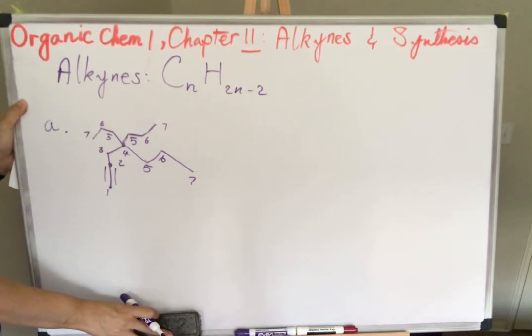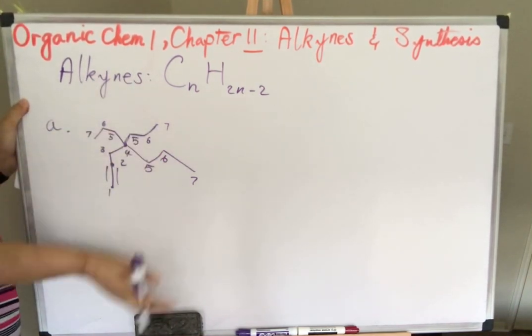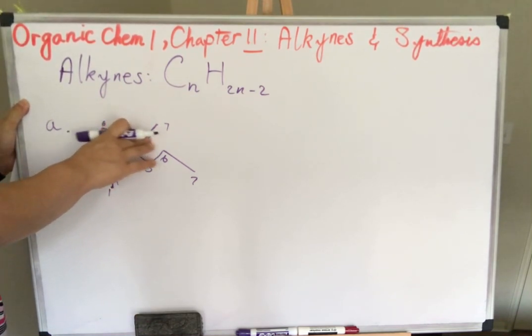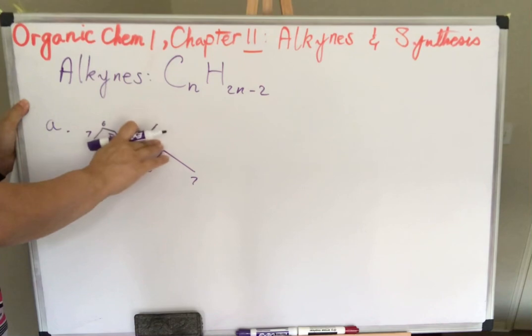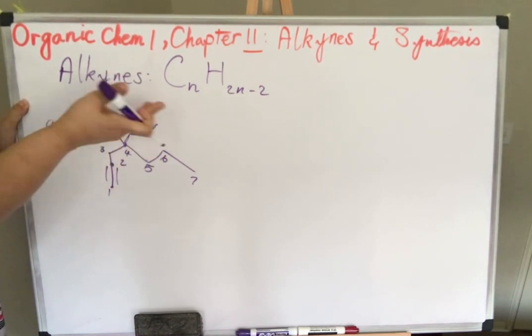So we have 2 propyls here, and either way we have 2 propyls, doesn't matter which way you go. So let's number it from here. If in the book you see it's numbered from here, they're the same.